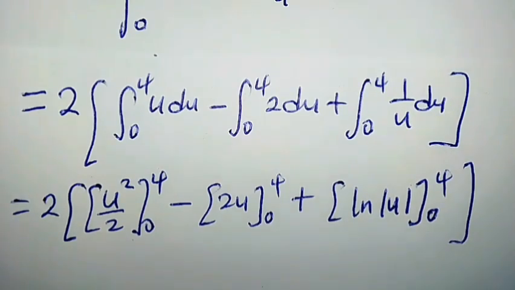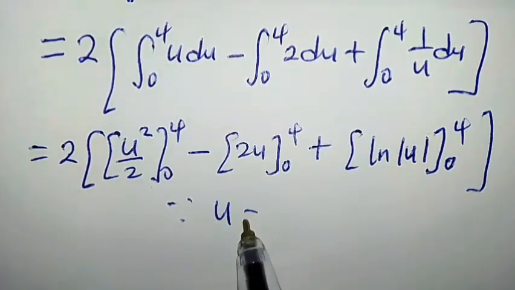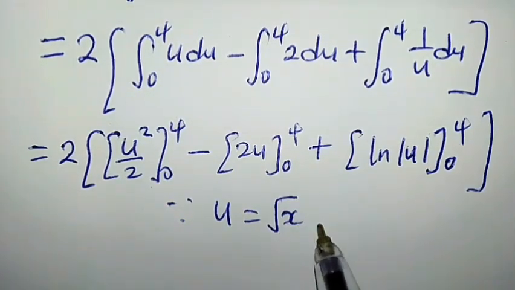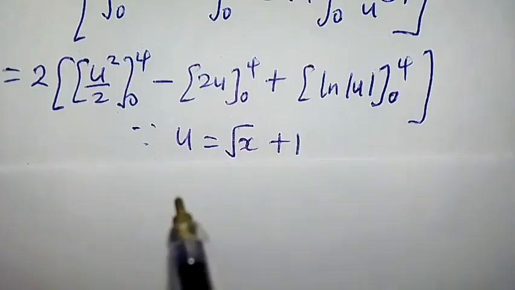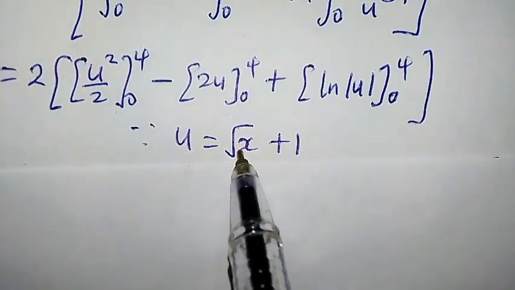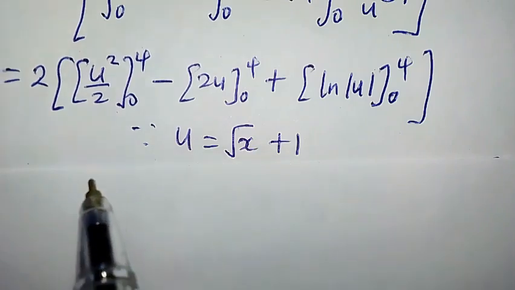Close the bracket. Since u is equal to square root of x plus 1, this comes from our assumption. This means that anywhere we see u, we will write square root of x plus 1.